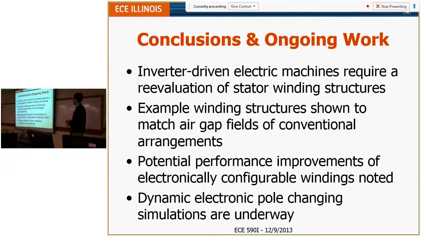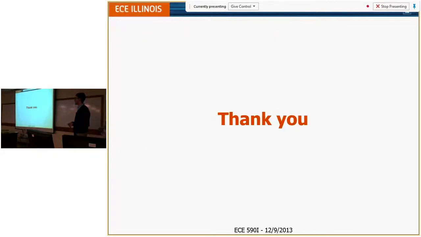I highlighted some potential performance improvements that are only granted if you can have an electronically configurable winding. Right now I'm working on dynamic simulations, because all these are steady-state simulations assuming linear material, and now I'm doing dynamic simulations of pole changing. So actually switching from 2-pole to 6-pole during normal operation. All right, thank you.